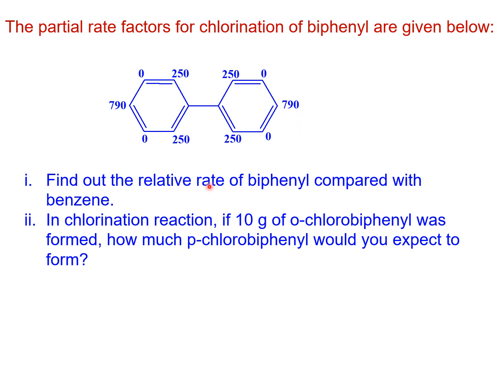You have been asked to calculate the relative rate of biphenyl compared with the benzene, and also if 10 gram of orthochlorobiphenyl was formed, how much parachlorobiphenyl would be expected to form in the chlorination reaction.